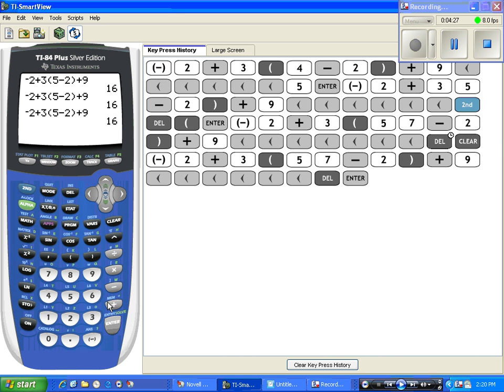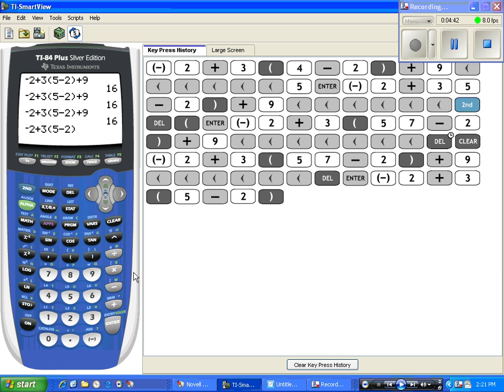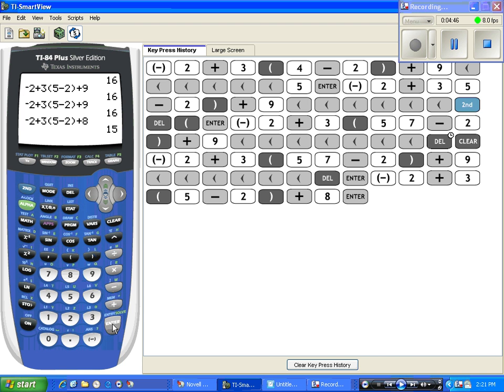Okay. Now we're going to copy an entry. So this time I'm going to go ahead and hit enter. And now after I've hit enter, I've noticed I've made a mistake.